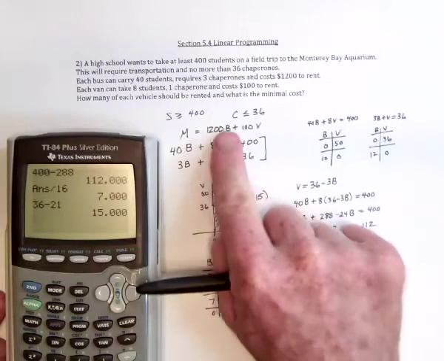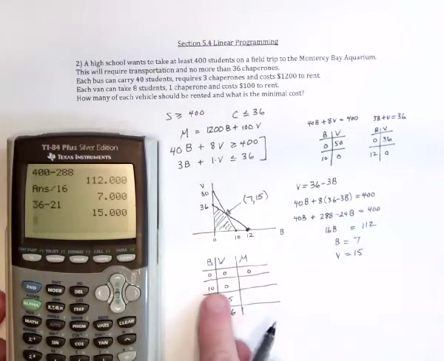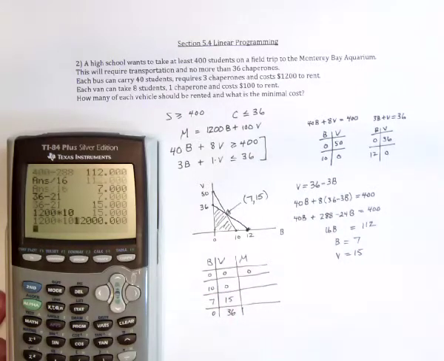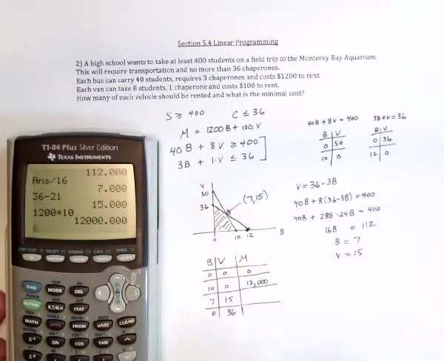And then substitute those into this function that we found a while ago. So this one is going to be 1200 times 10 plus nothing else, which is $12,000. And then use 7 and 15.